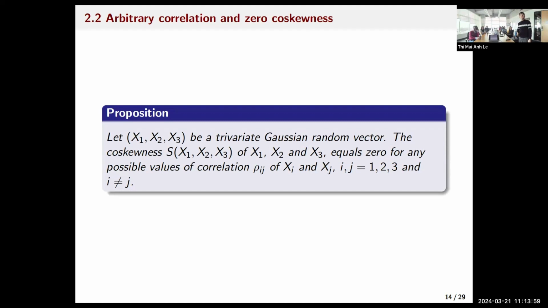This means the correlation coefficient can be any admissible value, but we can always get a 0 coskewness when we have a trivariate Gaussian random vector.